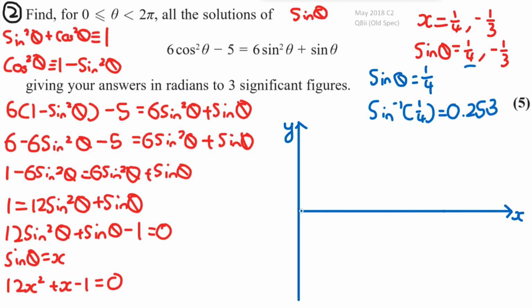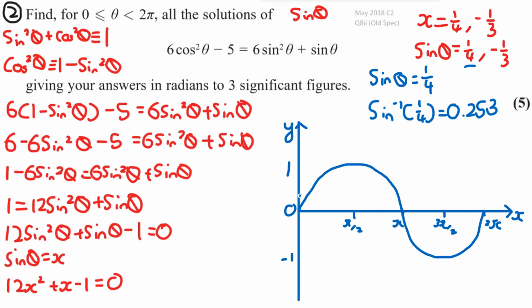So now we need to draw a sin graph in this interval here. So it starts like this, and a quarter, we'll say that a quarter is about here, and this value here, and a value here. We know this one here already. This is the 0.253, and we know that the difference between 0 and this value is 0.253, and the difference here, because it's symmetric, is the same value.